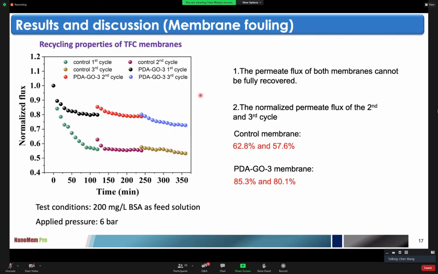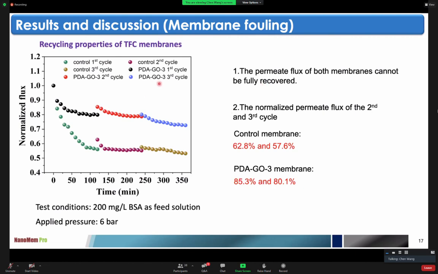Then we did the recycling test to further investigate the membrane anti-fouling and recycling property. After each filtration test, we did the cleaning with DI water. From this figure, we can see that for both the control membrane and the PDA03 membrane, the permeate flux cannot be fully recovered.